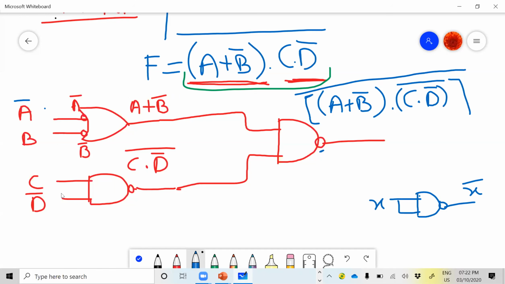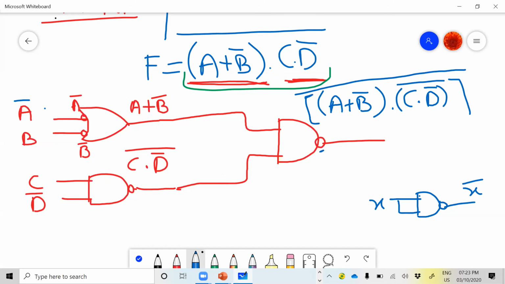All right. So if we make an arrangement here, remove the bar of this one. This will remove that bar in my final expression. So what I am going to do here is insert a NAND gate, which is going to work as a NOT gate. And because of it, this bar will be removed. So look here now.